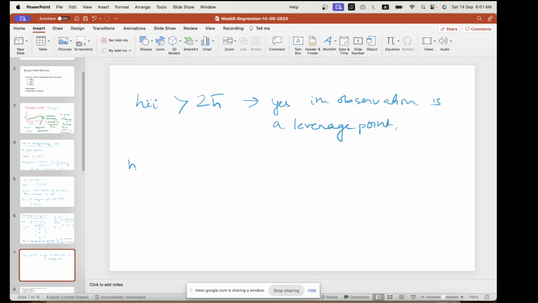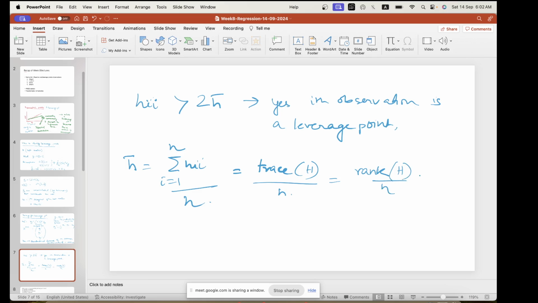Okay, so h bar is nothing but the summation i equal to 1 to n of HII divided by n. The summation of HII is the trace of h divided by n, and since h is idempotent, trace of h is equal to rank of h, which is k, divided by n.